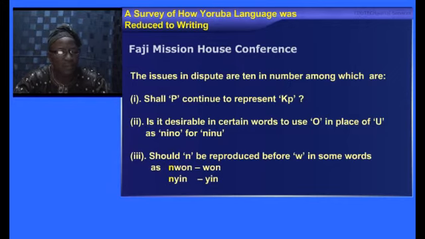Not only that, the second thing was that, is it desirable in certain words where O is now used instead of U in its place, especially in the word Ninu? They said, could it be Nino? And from there, you will see that a sort of dialect is being introduced into the system.